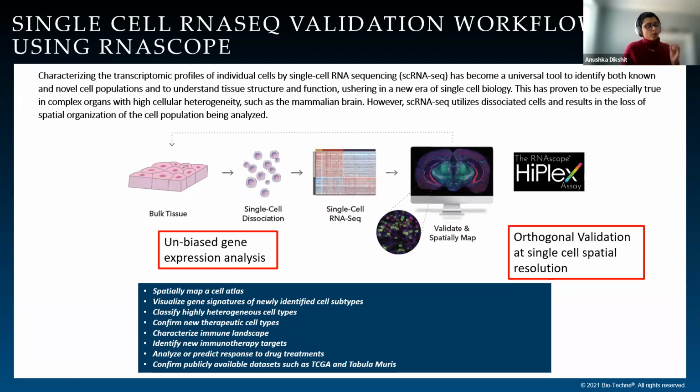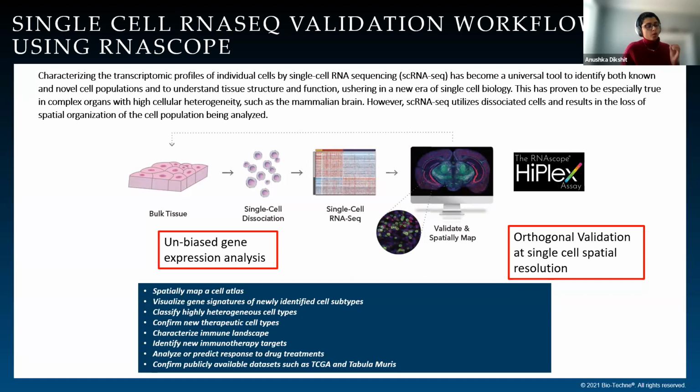So we wanted to see how well this would actually apply for a neuroscience project, since this assay was released for frozen tissues. And to do that, we looked at this paper that came out in 2016 that profiled the mouse striatum for identifying novel neuronal subtypes within the mouse striatum.